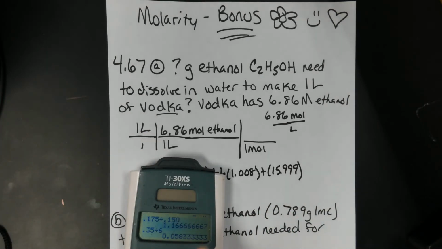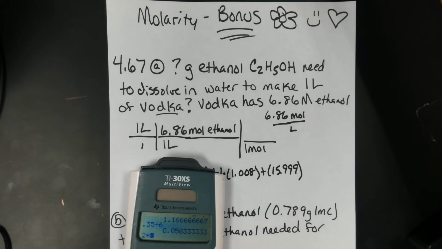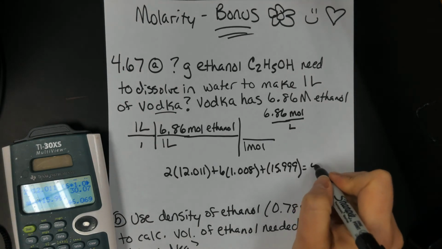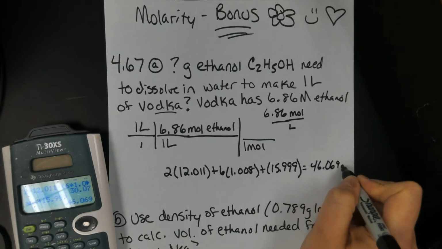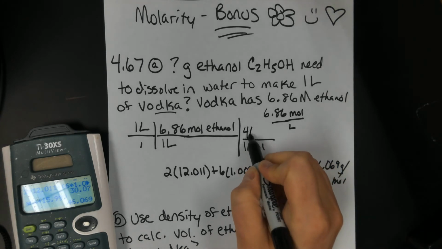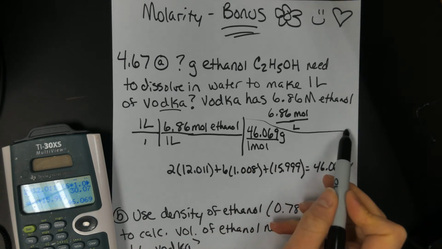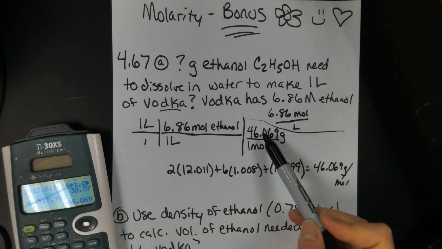Let's go ahead and do that in our calculator. 46.069 grams per mole, right? So 46.069 grams of ethanol for every 1 mole of ethanol.